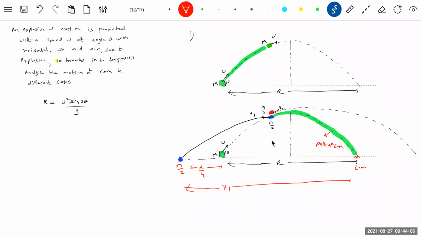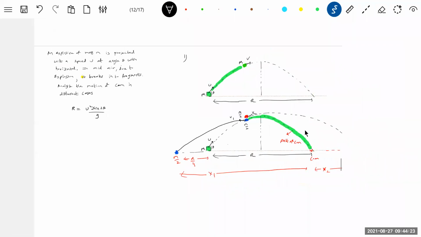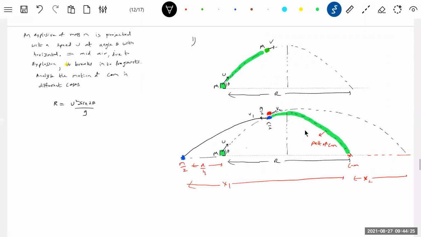The other fragment should be at a distance x2. The diagram may not be up to the scale. m1 x1 equal to m2 x2. So both are of equal mass. Okay, the other fragment will land here.